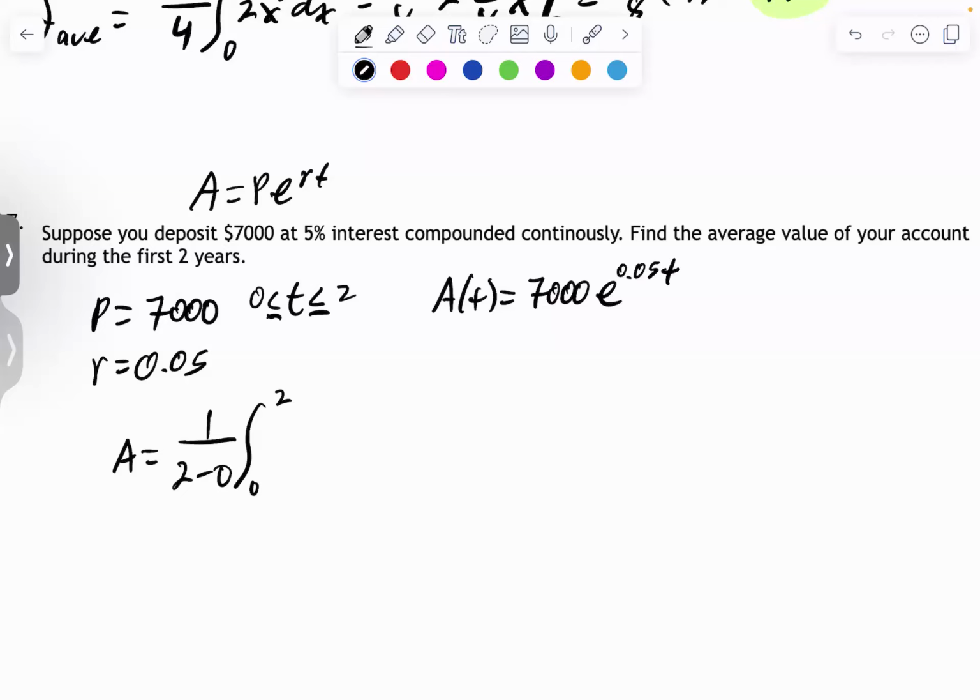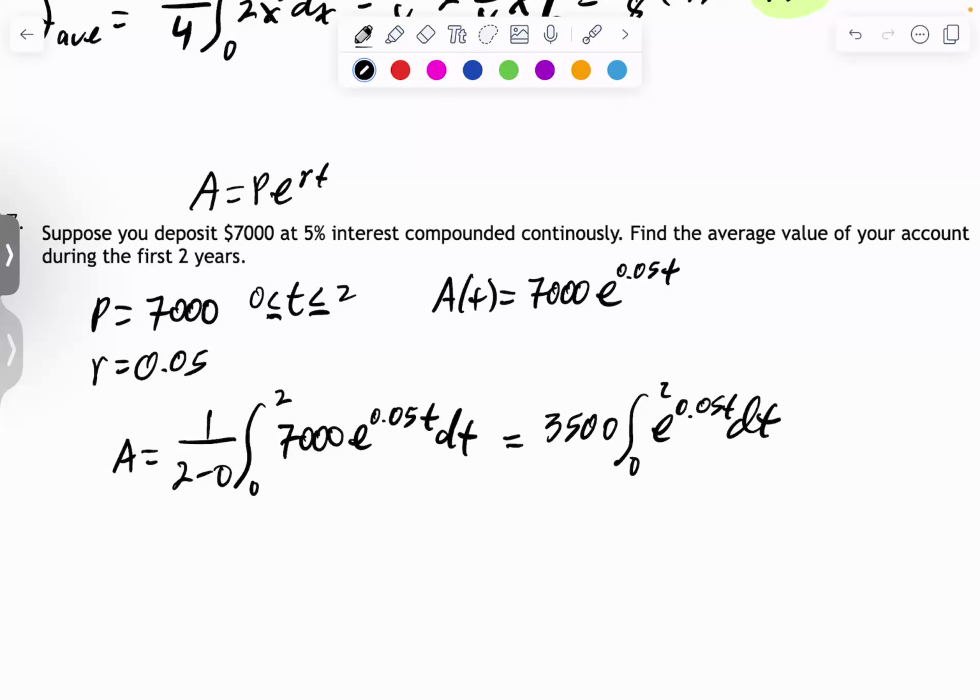So there's our function with respect to t. Here we are. So that becomes 7,000 divided by 2. That's going to be 3,500 of e to the 0.05 t dt.